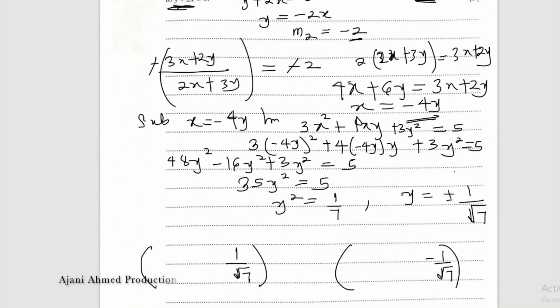So when you put minus 1 over root 7 there, x will be 4 over root 7. When you put plus 1 over root 7 here, x will be minus 4 over root 7. So that's the coordinates the question asks us to find.